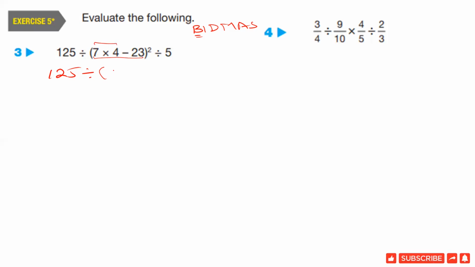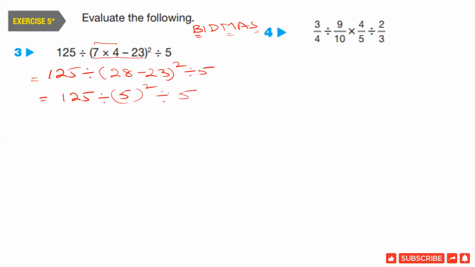So 7 times 4 is 28, minus 23, power 2. So we can write again 125 divided by, 28 minus 23, which is going to be 5. 5 square divided by 5.